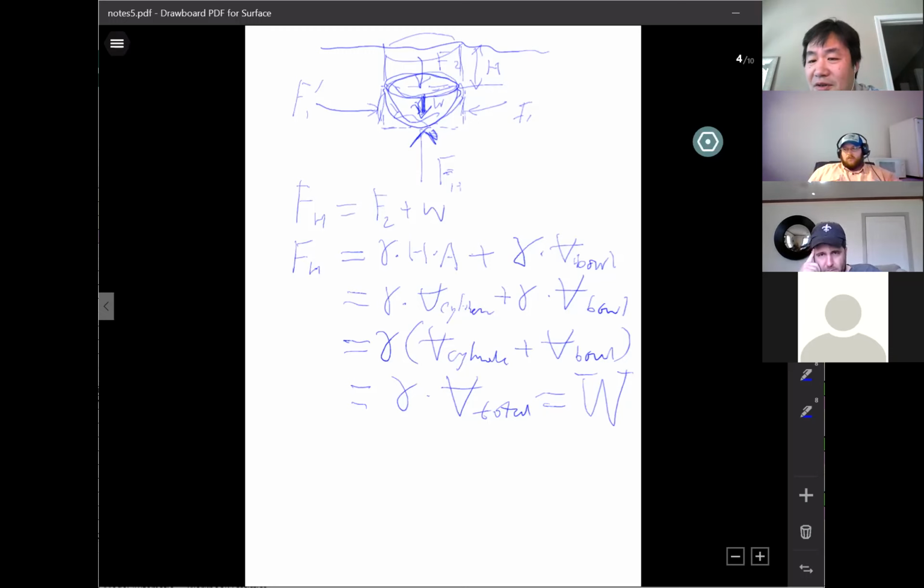I call it the volume of the bowl. One portion starts from the horizontal surface to the water surface. That's the cylinder, the volume of the cylinder. At the end you will see the total volume is the volume of the cylinder plus the volume of the bowl. What does that mean? It's the total projected volume, the total volume of water on the bowl surface.